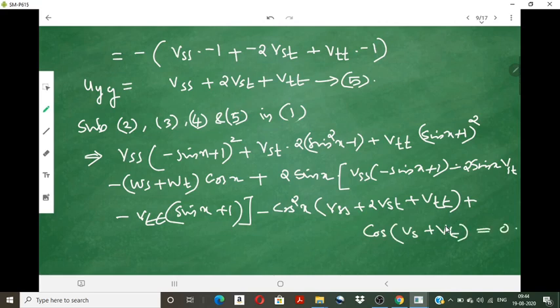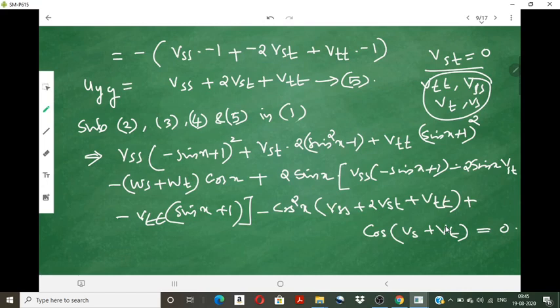Now we have to simplify these terms, adding the terms together with same terms. We have to show that this equation reduces to the form Vst equal to 0. So all the second order terms Vtt and Vss, and the coefficients of Vt and Vs, all these terms have coefficient 0, that we have to make.